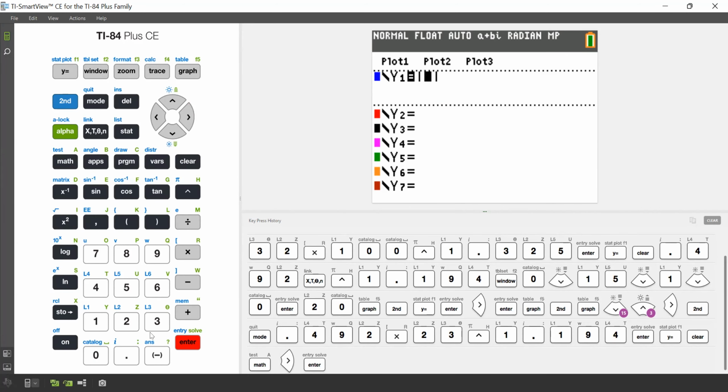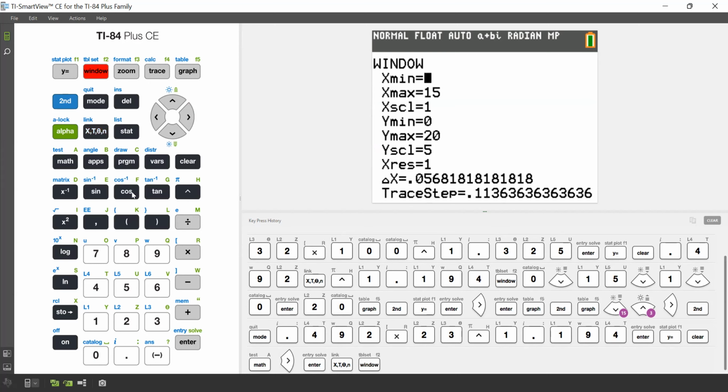So we're going to grab the absolute value of x. And they're using a window from -15 to +15. So let's just change the window. It really doesn't matter. We could use a standard window, but we'll use their window.